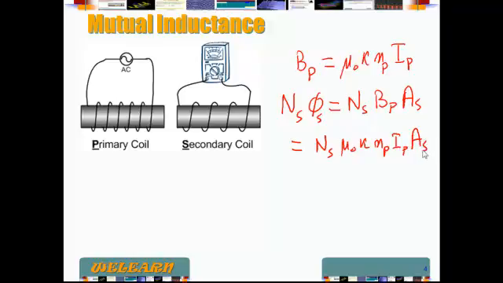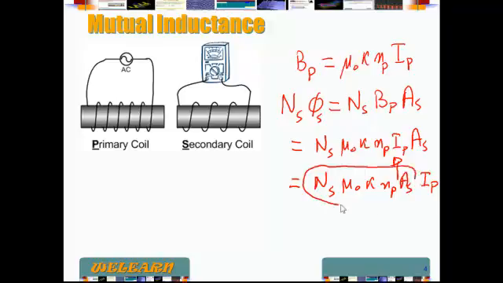The only quantity that's changing here is I_P. So I'm going to isolate it, of sorts. N_S mu0 kappa n_P A_S, and then I_P.